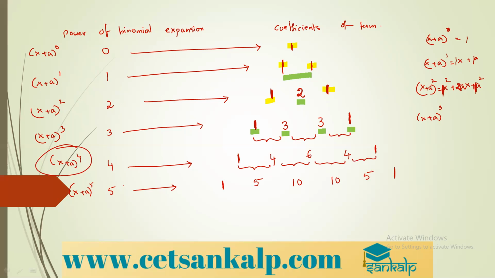These are the 6 coefficients of the 6 terms in the expansion of x plus a whole power 5. This is called Pascal's triangle. As much as possible, you can expand this triangle and find the coefficients of the terms in the binomial expansion.